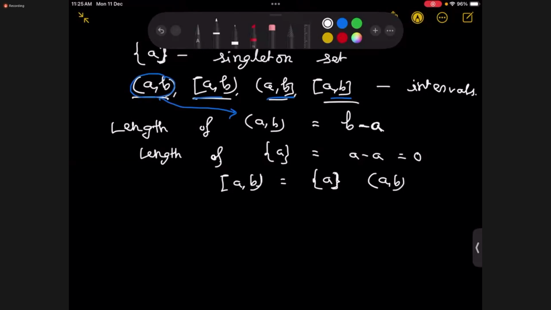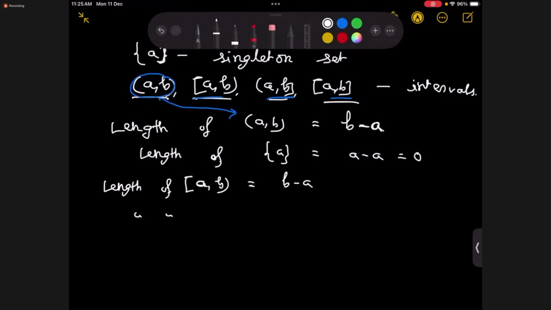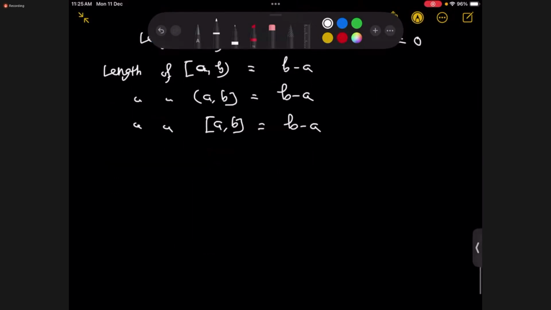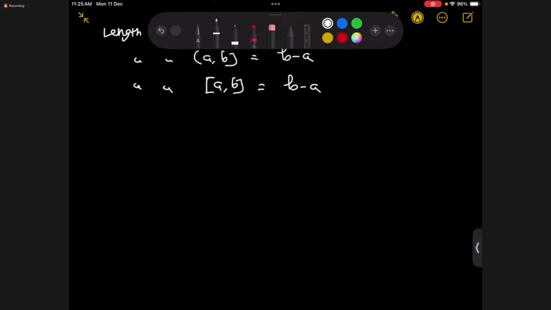We will come back to these things later, but just remember that this has length b minus a, the length of this equals b minus a, and the length of this set is also b minus a. That means we are just deducting the starting point from the ending point to get the length of a subset of the real numbers.